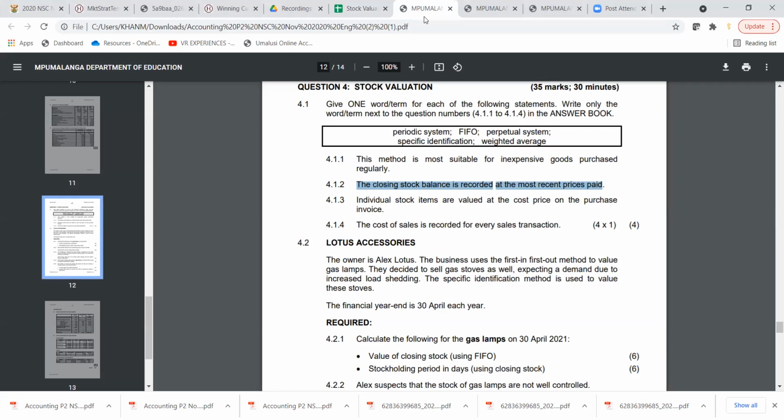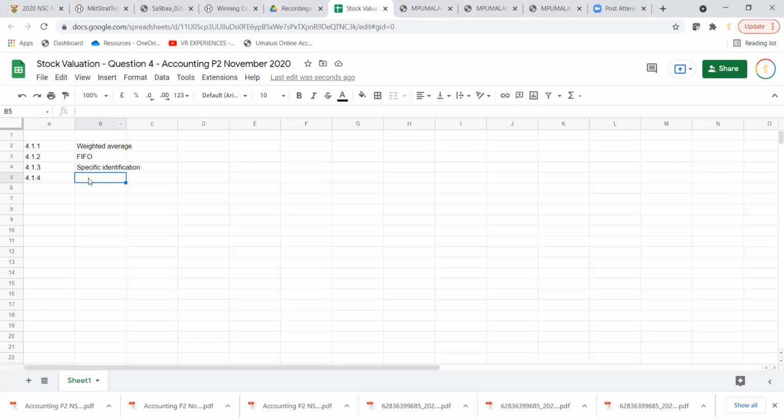Every time a purchase happens, inventory is updated. So here they are saying the cost of sales is recorded for every sales transaction. That has to be the perpetual system. If I had to say cost of sales is recorded at the end of the reporting period, then that would be periodic. Okay, so that is the perpetual system.